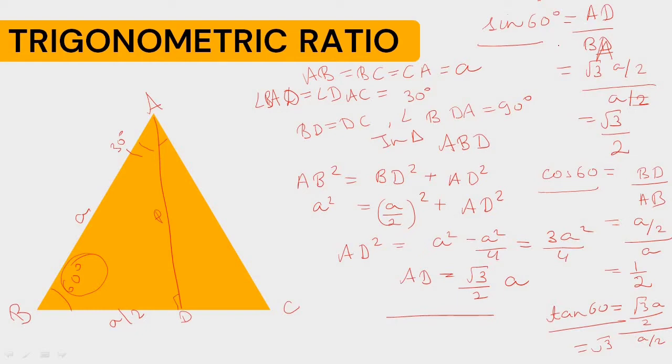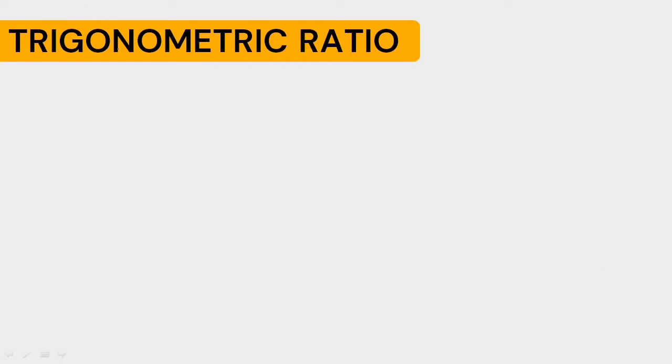So this was the case of 60 degrees. Again, for 30 degrees, what will we do? We can just take the same triangle. All the things will be the same, all the values will be the same. We just have to put the angle 30 degrees. So here we can write sin 30 degrees is equal to, cos 30 degrees is equal to, and tan 30 degrees is equal to.